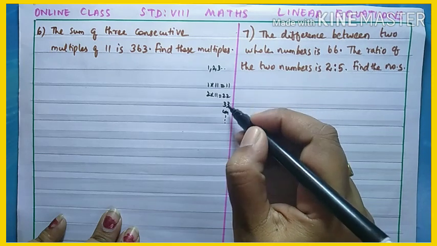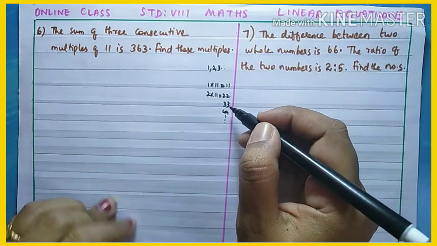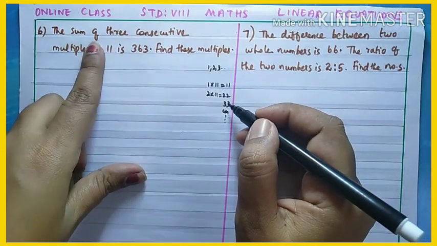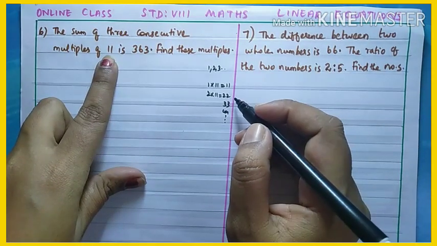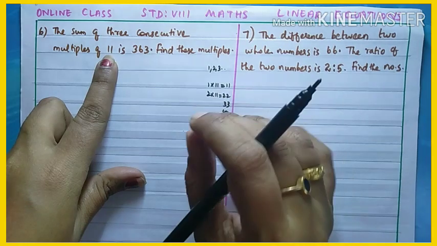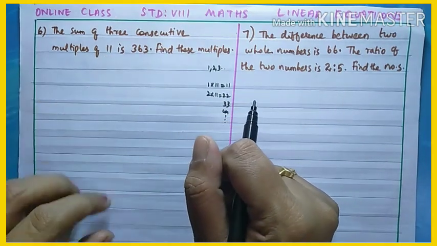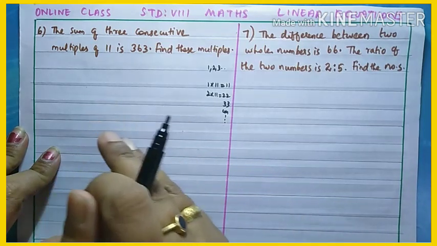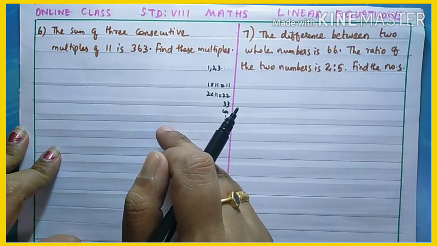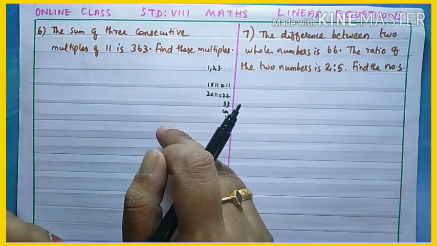Okay, the next numbers. Now here what is told, the sum of 3 consecutive multiples of 11. So we are here considering 3 consecutive multiples of 11. Okay, 3 numbers. And those 3 numbers are next numbers.